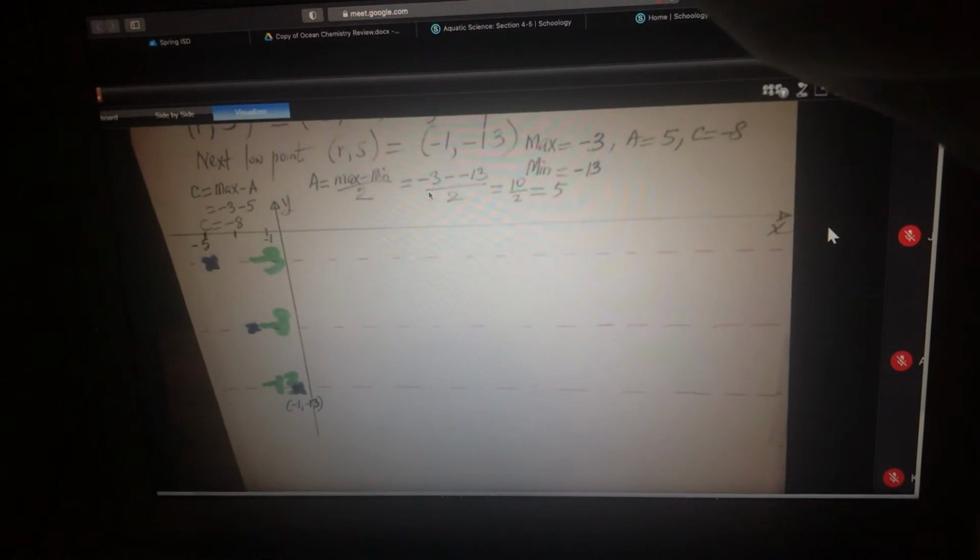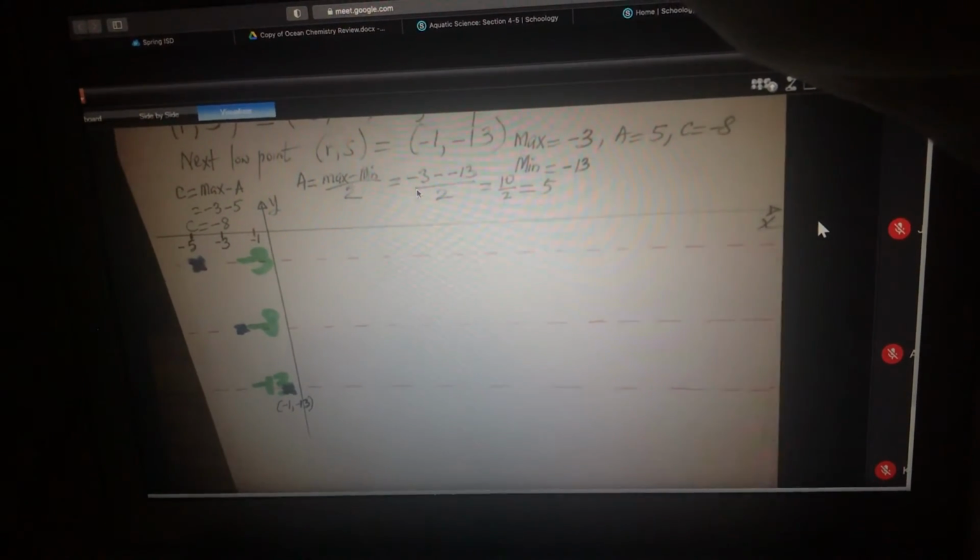How do you get that? It's in between -1 and -5. Very good. It has to be -3. You are 100% correct. You got to be in the middle. So this graph is actually going to look like this.